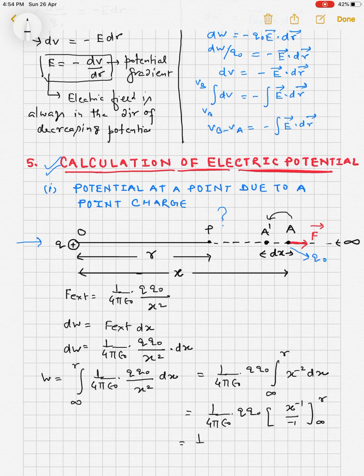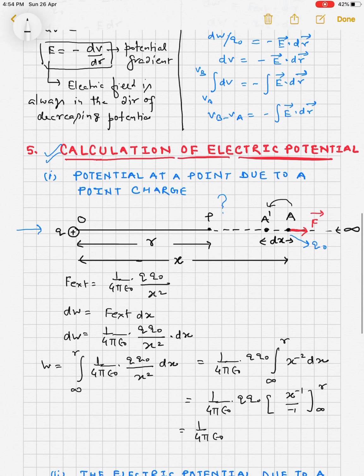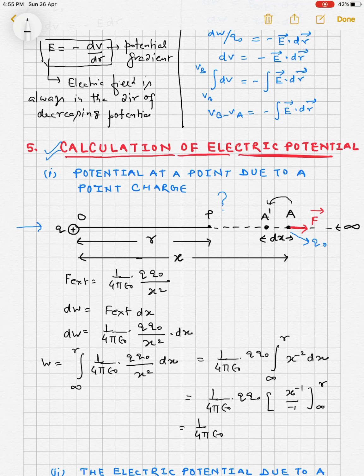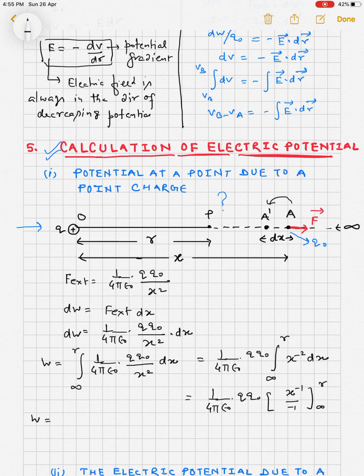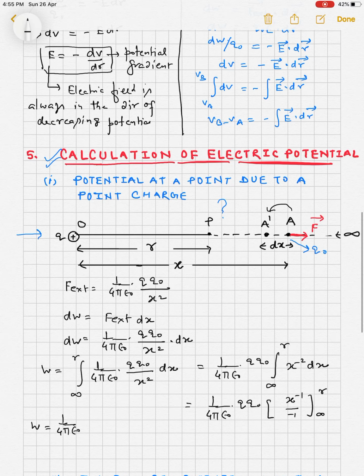So W is equal to 1 upon 4 pi epsilon naught q naught 1 upon x, with limits infinity to R. So this gives W, and q naught is here.